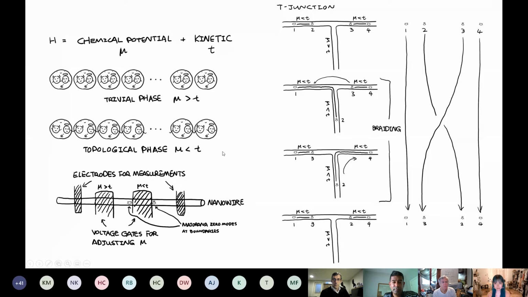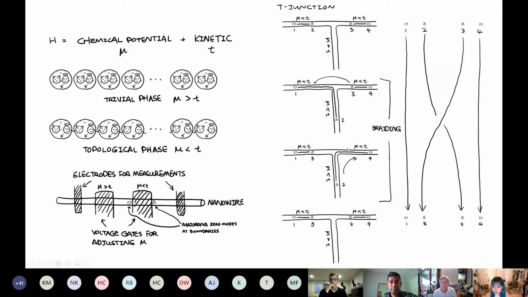So you do need at least 3 anyons to do the braiding. So you can set up something like a T-junction where you can apply different voltages to control chemical potentials in different sections of your junction. And then you're effectively allowing these pairs to change locations.